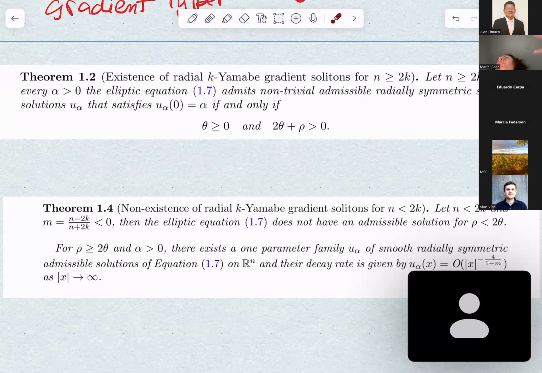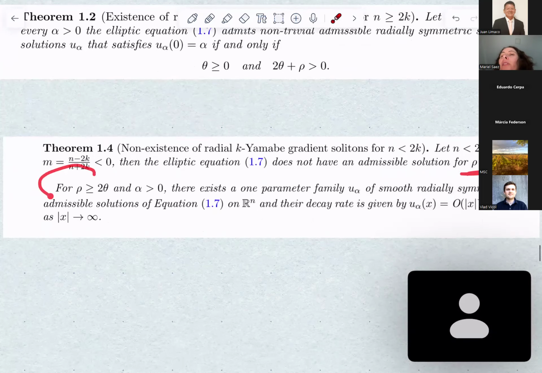Here they're going to be ODEs, so you could still study them, but if you want to use this for describing singularities, those are not going to describe any singularity, because in general the flow is going to be studied in the context of these things being elliptic. So the result is that in that case we do not have admissible solutions if rho is less than 2 theta, but when rho is bigger than 2 theta, we can find solutions.